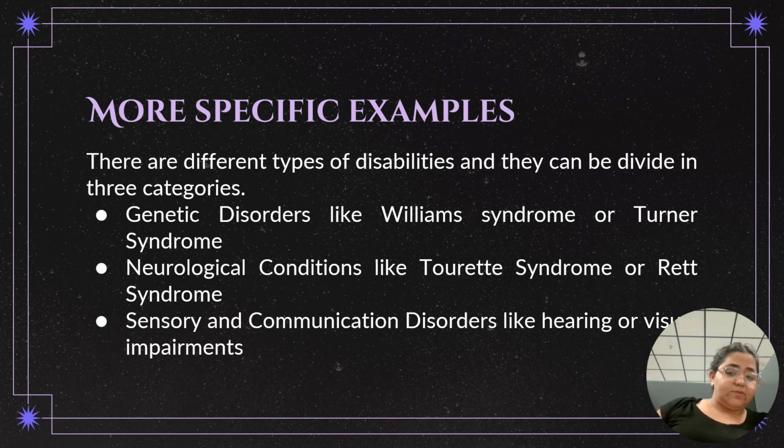As I mentioned, Turner syndrome is a condition that only affects females and results from a missing X chromosome. This can lead to heart problems or reproductive problems. It varies on the case and the person.